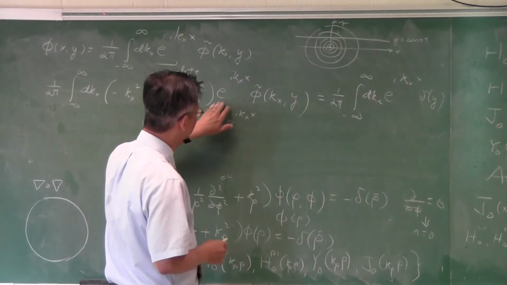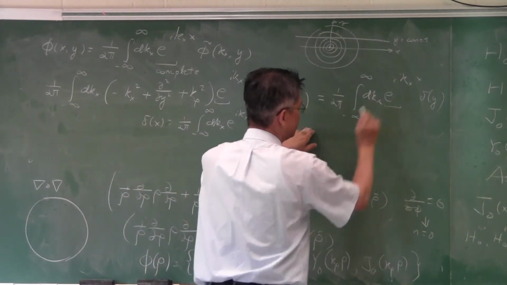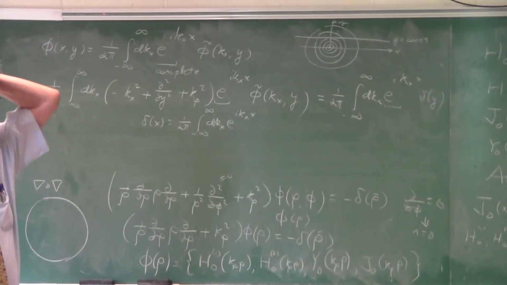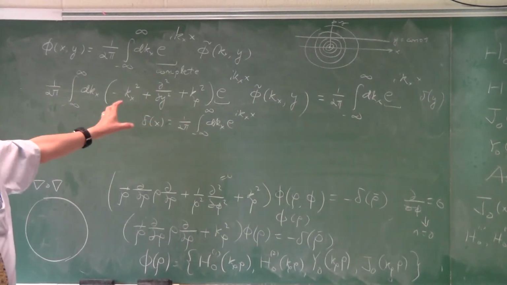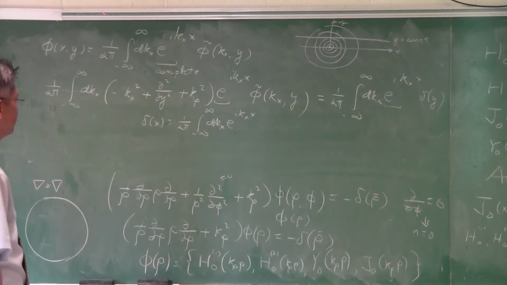This is our basis, if you want to use the concept of basis. If these basis functions are complete and orthogonal, then the integrands are equal to each other. This is a very important mathematical concept.